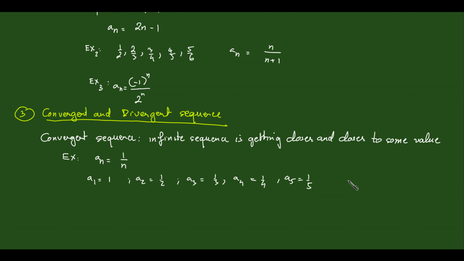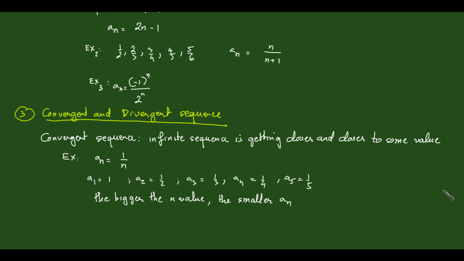So the bigger the n value, the smaller the output, right? If n is a trillion, you will have 1 over a trillion, and that will give you 0. So the bigger the n value, the smaller a sub n.